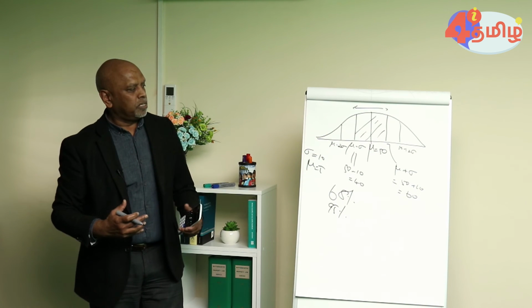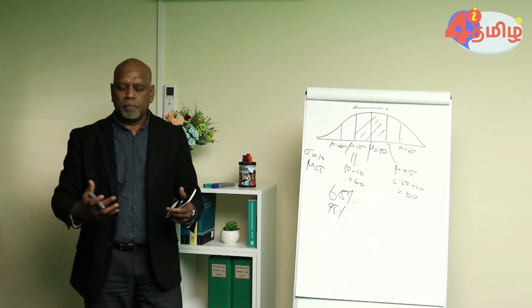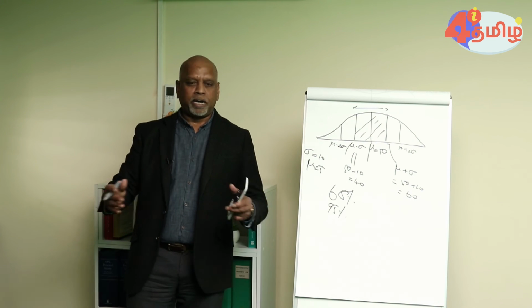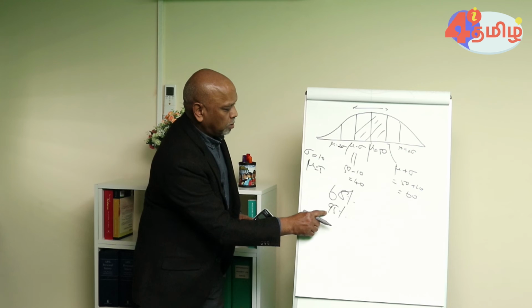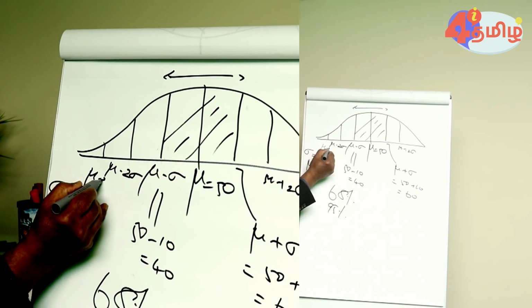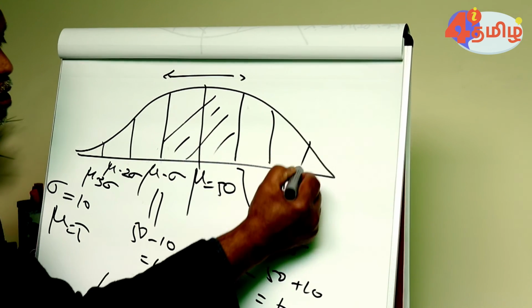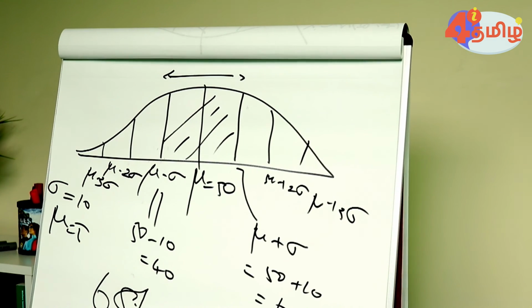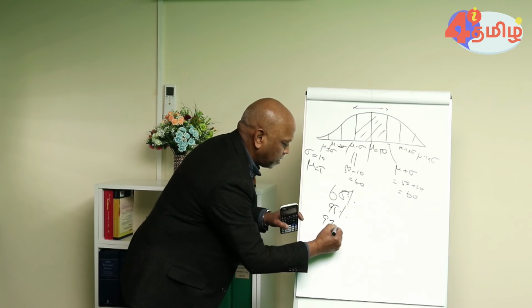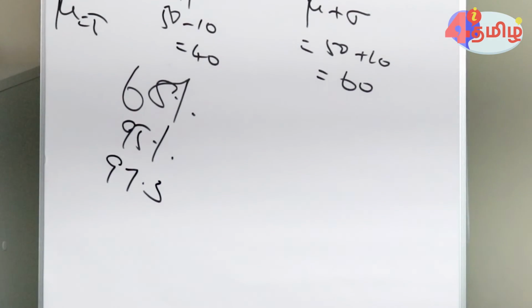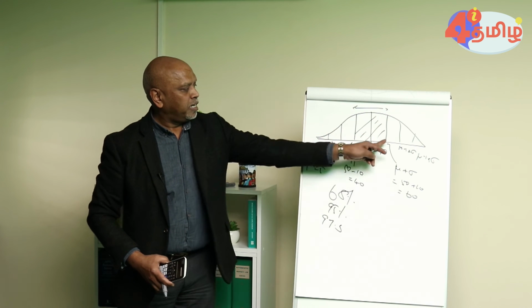So the standard deviation gives you an idea of how spread out the data is. If you stretch it one more, mu minus 3 standard deviations to mu plus 3 standard deviations, that will be roughly about 97.3%. You can prove it with the calculator, but I've done it before, so I'm just writing it down.